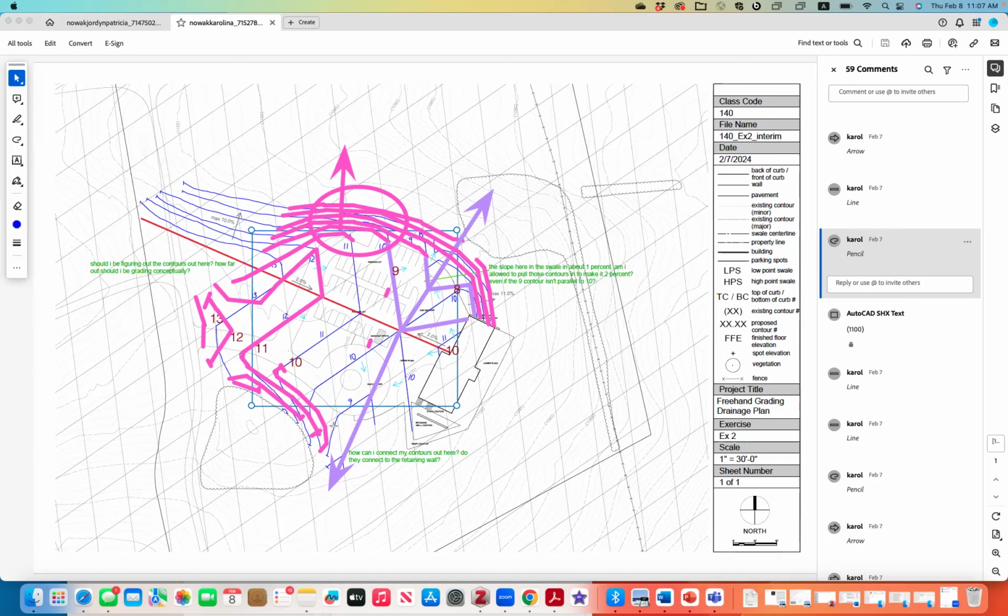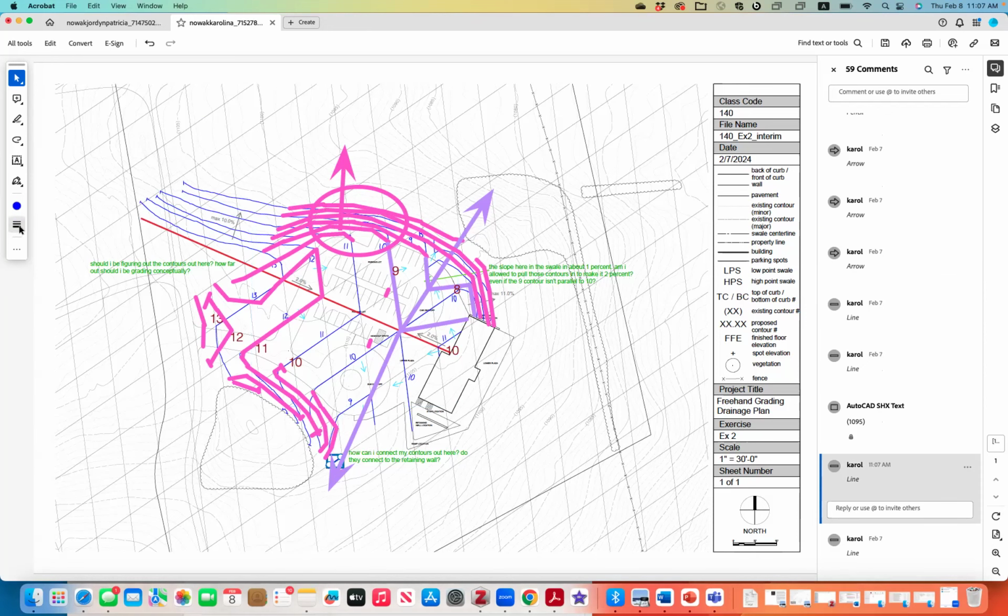We'll finish this area with 9 here. 9 is over there, and 8 goes like this. And this needs to attach to the wall. Your wall is not at the right location.